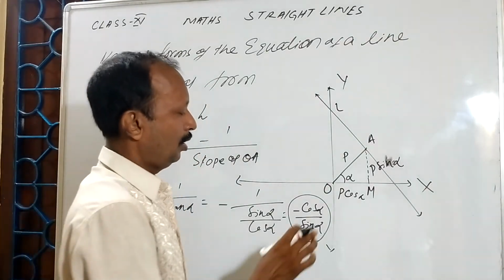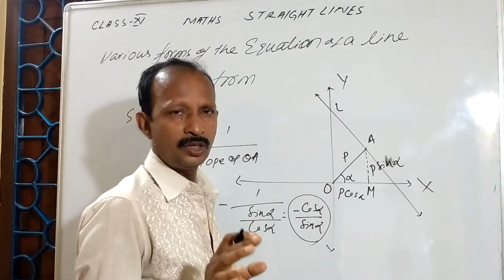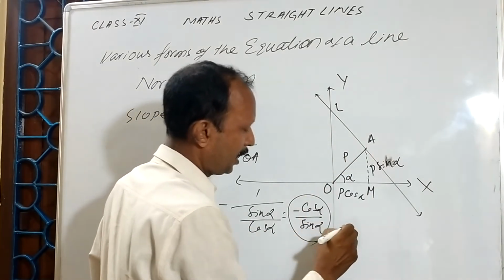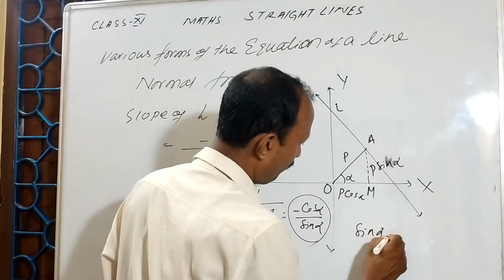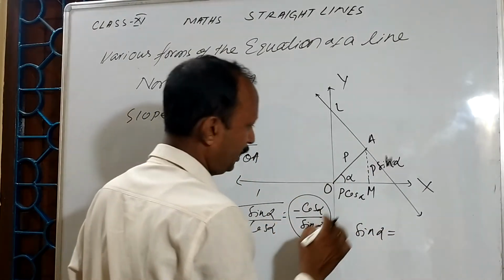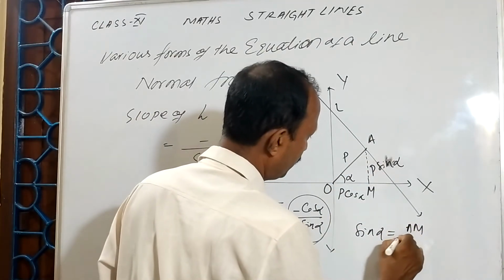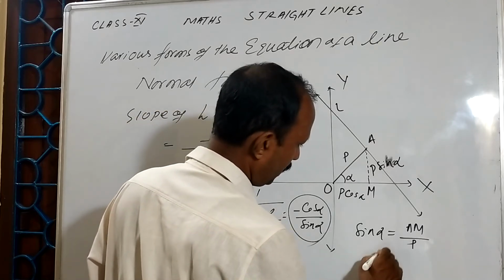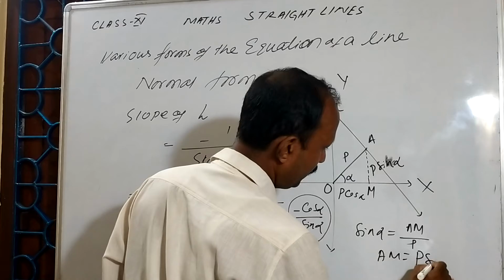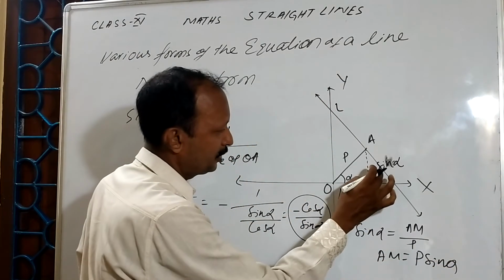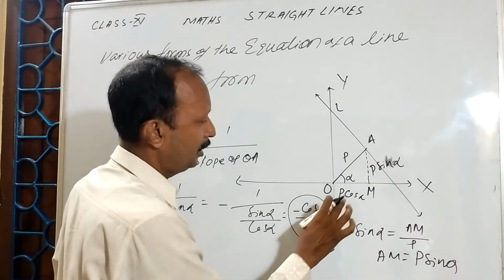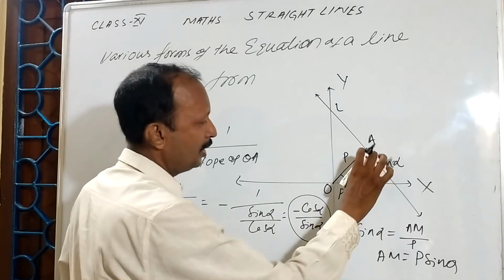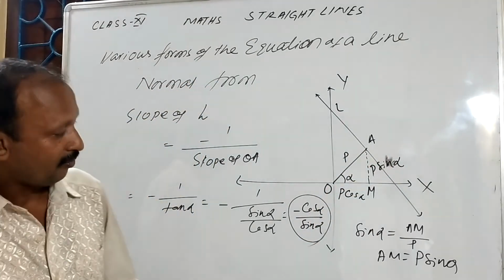Okay, so already you know that sin alpha is equal to P by H, that means AM divided by P, so AM is equal to P sin alpha. Similarly, OM is equal to P cos alpha. This one is P cos alpha. This is P sin alpha.